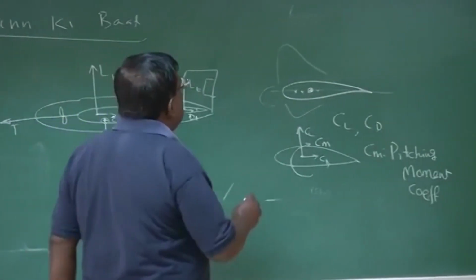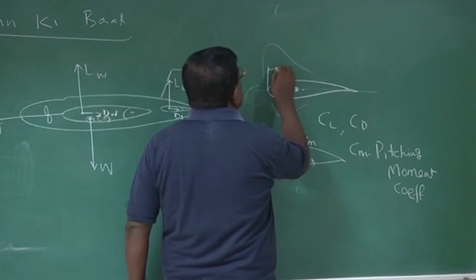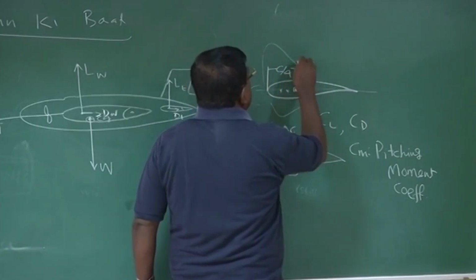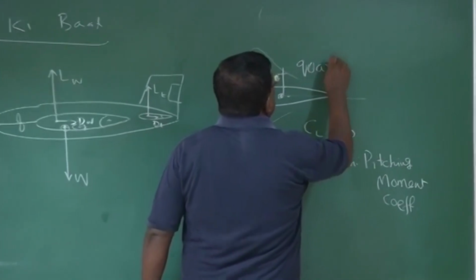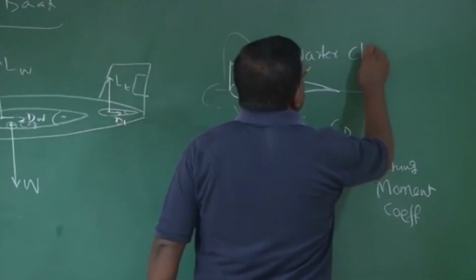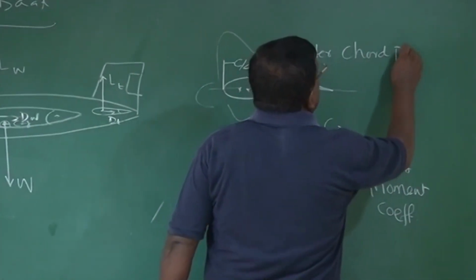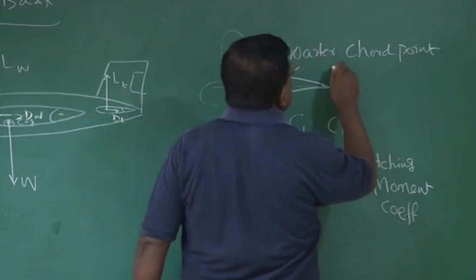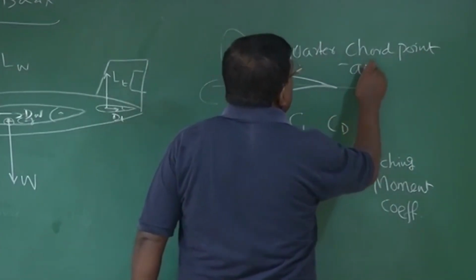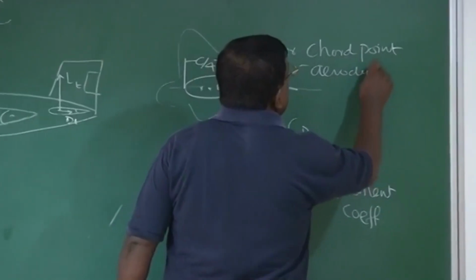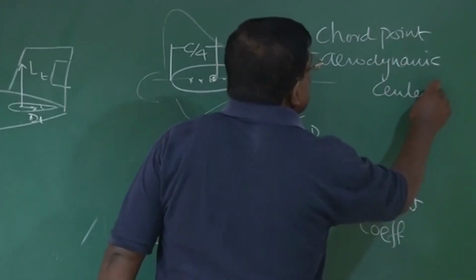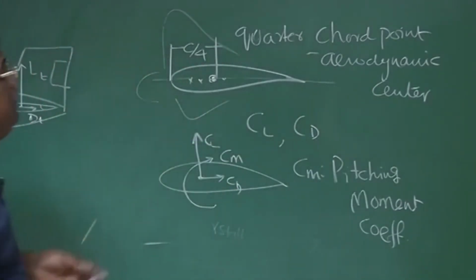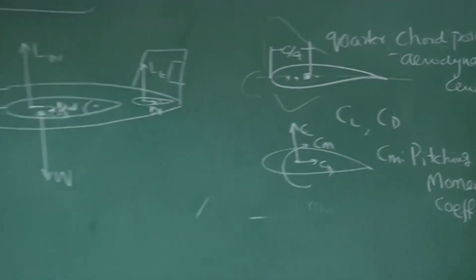However, there is a point which we call the quarter chord point, typically for low speed, which is also called basically the aerodynamic center in general. It so happens for low speed that the aerodynamic center is at quarter chord, 25% of the chord.